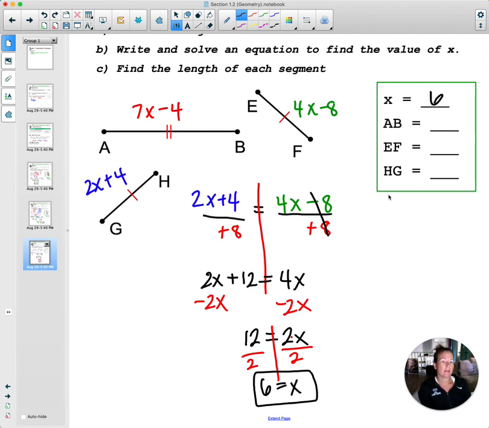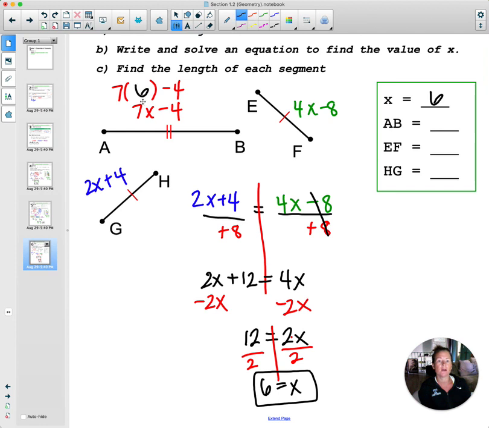Now we want the length of all three of these segments. So now you can just plug 6 into this whole problem, because even though we didn't use AB, x is still 6 in this entire problem. So we'll go ahead and plug it into each of these. For AB, we will have 7 times x minus 4, x being 6.